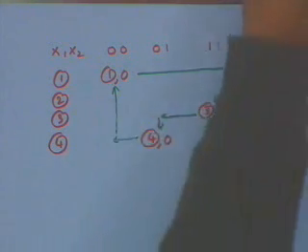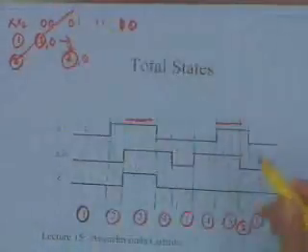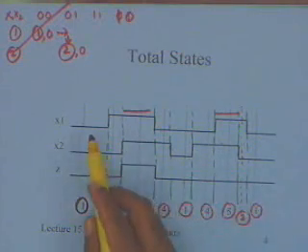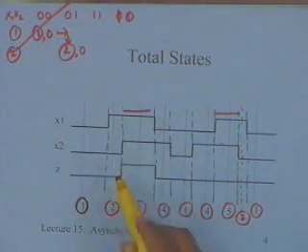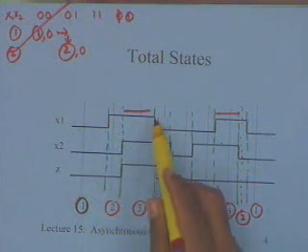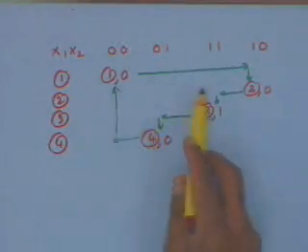If you look at this waveform, what are the changes that are happening? x1 x2 was both 0 0, then x1 became 1, then x2 became 1, then x1 became 0, then x2 became 0. Okay, x1 and x2 followed each other. So this is what I am reflecting over here.